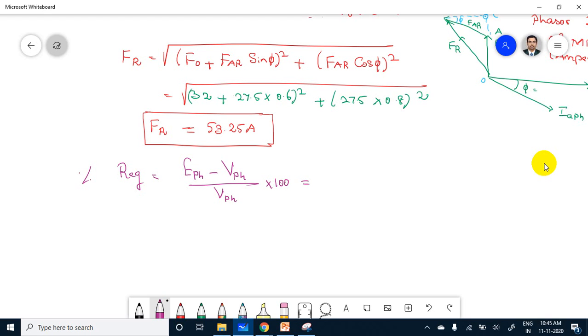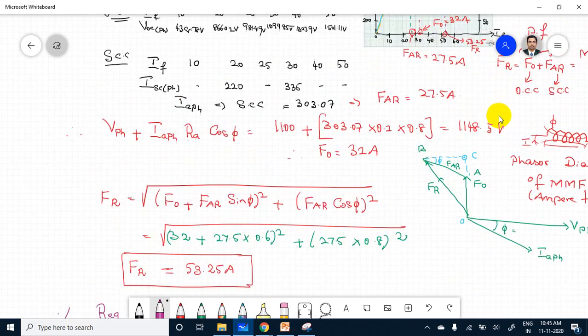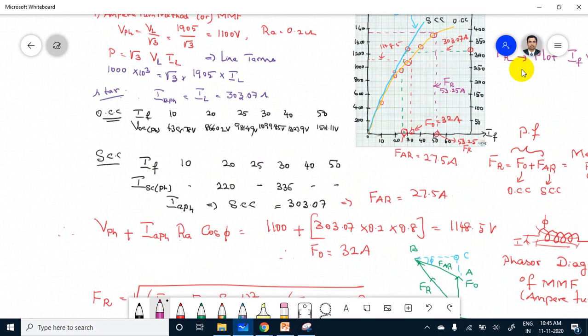E phase, because if you project this upward direction, this line, this point, it comes around E phase. E phase will be 1490 volt.